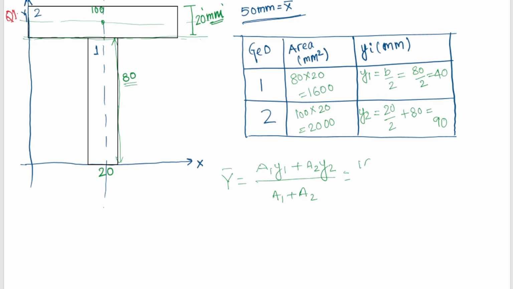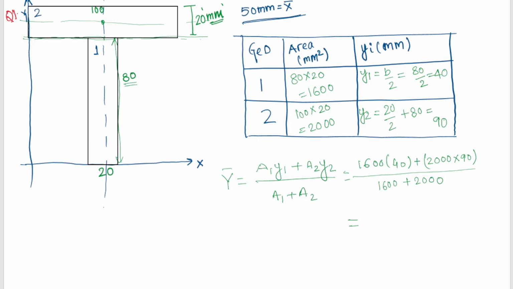A1 is 1600 and y1 is 40, plus a2 is 2000 and y2 is 90, not plus, multiplied by 90, divided by 1600 plus 2000. Let's put the values in the calculator to find the answer.